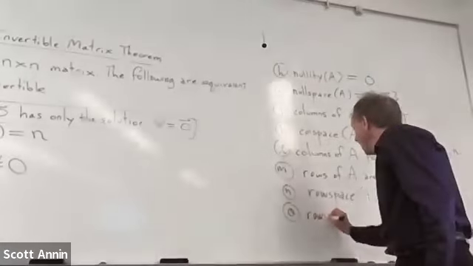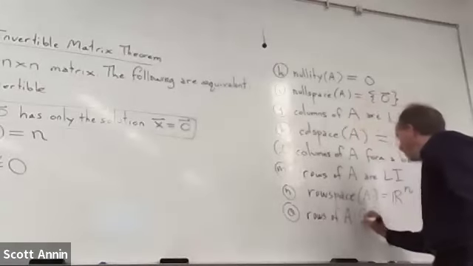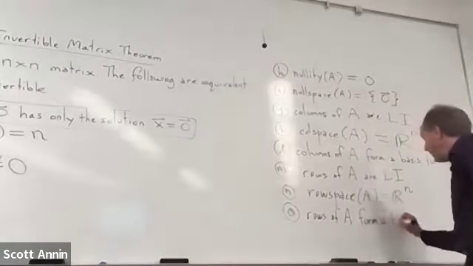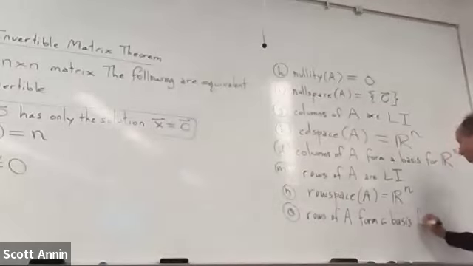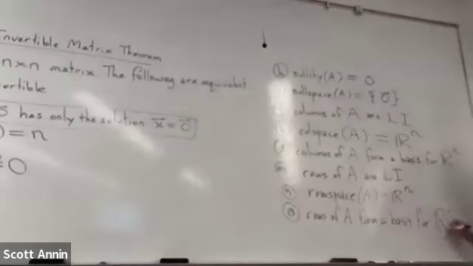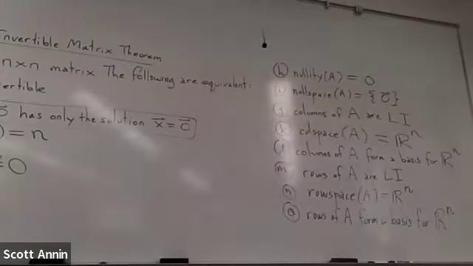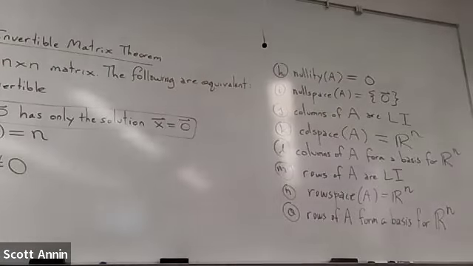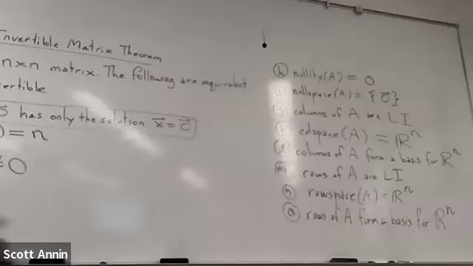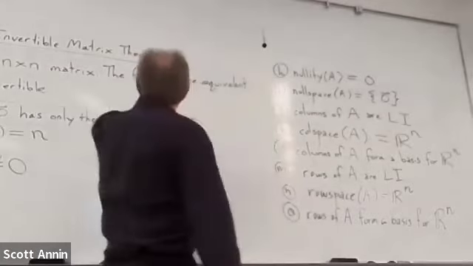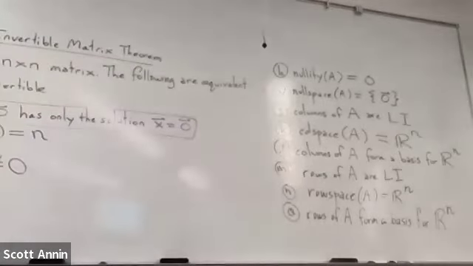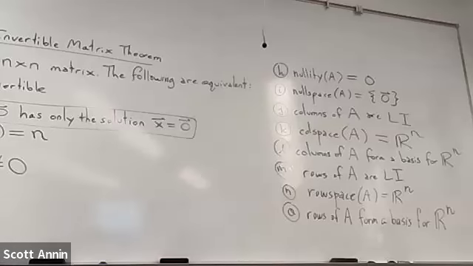And the rows of A form a basis for Rn. Okay, there's no M here because this is an n by n matrix, so everything is just an n. All of these things go along with having an invertible matrix, all put together.